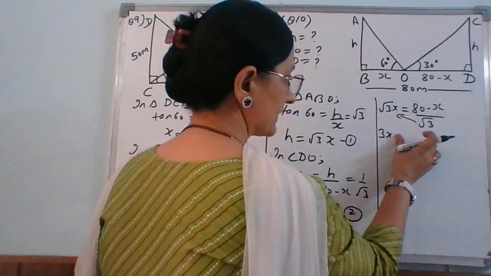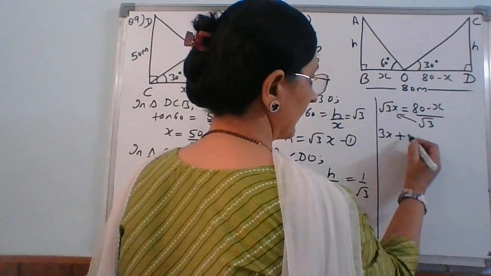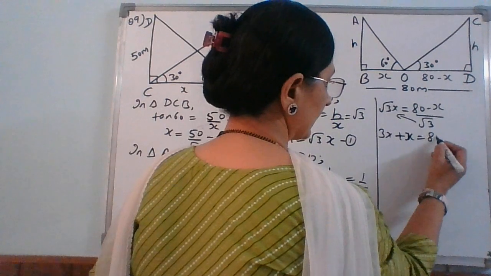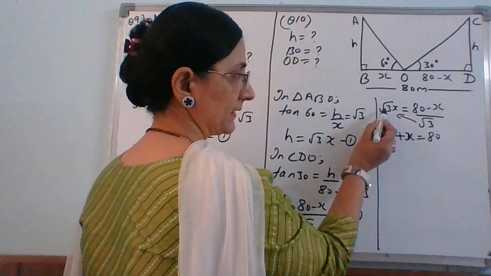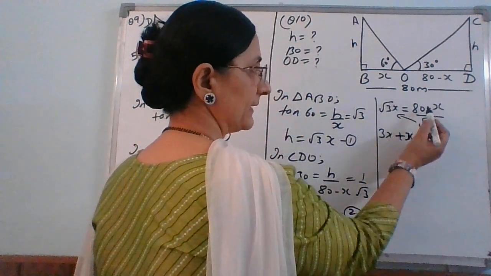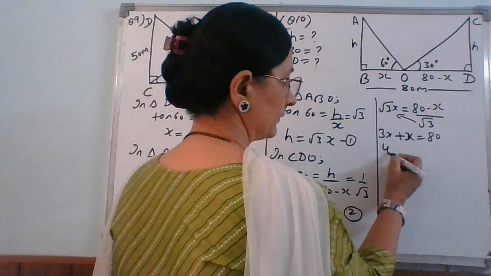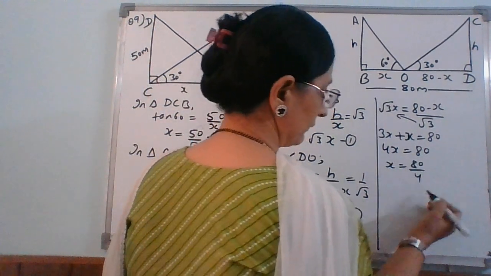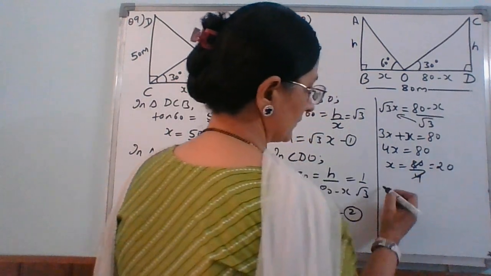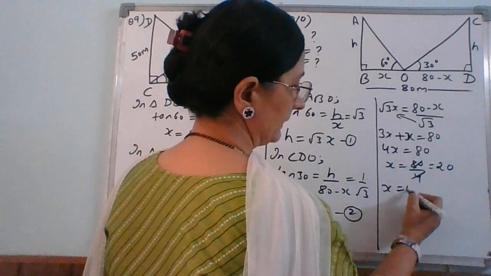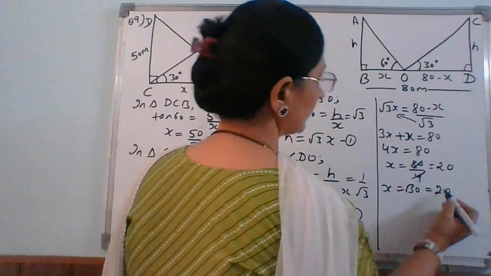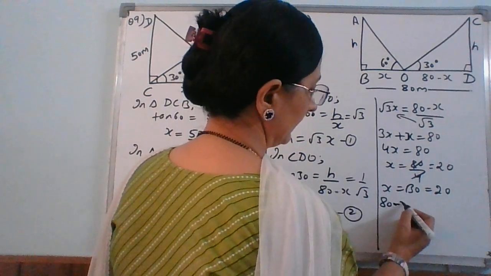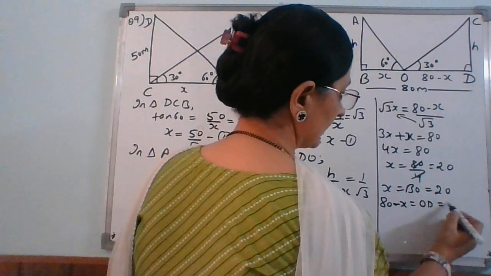The x comes to the left side and gets added. √3 into √3 is multiplied here, that is 3. The x was negative on the right side, it came to the left side as positive, so 4x is equal to 80, which equals 80/4, and that is equal to 20. So your x, which is BO, is 20. So what will 80 minus x be? That is OD, which will be 60.